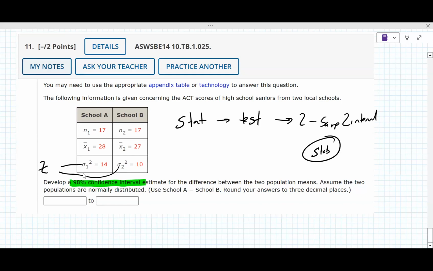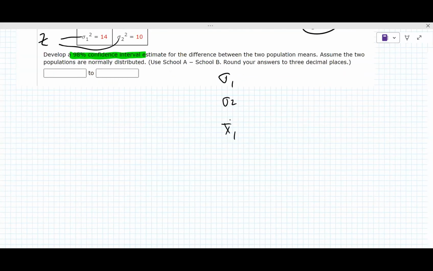Sigma 1 is 14, right? Yeah, and 10. So it's 28. Oh, I'm sorry. It is in the same order as before. It's sigma 1, sigma 2. Wasn't looking. X bar 1 and 1.